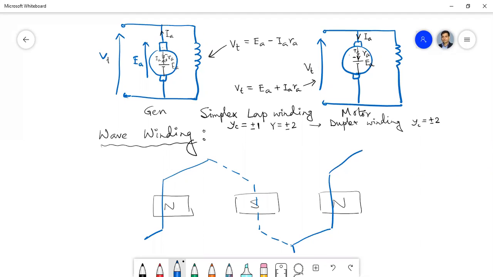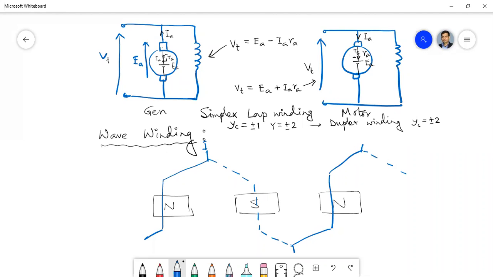So if these two coils constitute one parallel path, then this will be distributed.